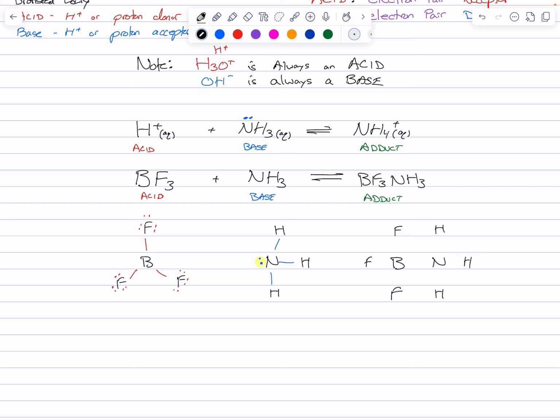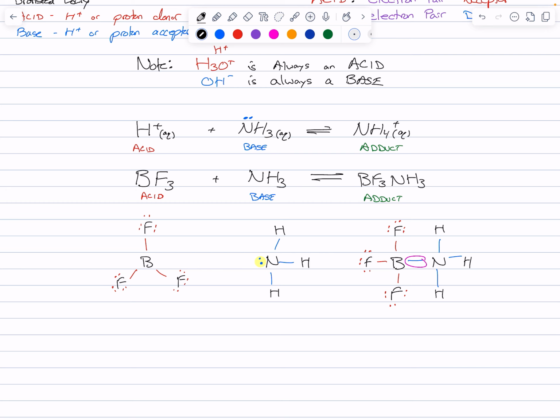Now, I didn't draw this perfectly with the right stereochemistry, but it's good enough for our Gen Chem purposes. This is what we draw. And right here, that's your coordinate covalent bond from the acid-base reaction. So that's Lewis acids and bases.